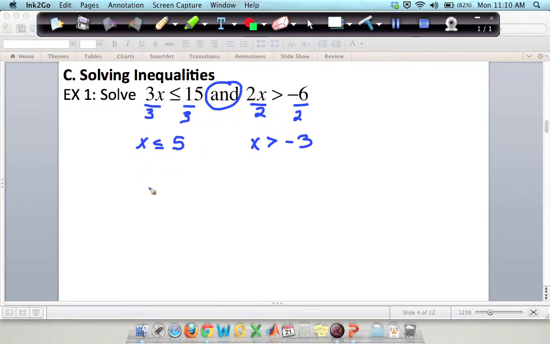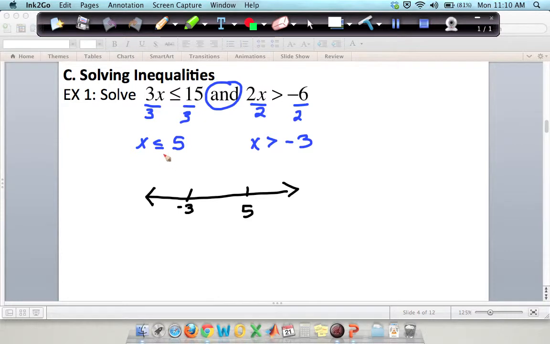So the next step is we're going to draw our number line, so we can get a visual of what this looks like. And I'm going to write the numbers. Remember, from negative infinity to infinity, so I need to start with the negative 3, and then the 5 would be over here.